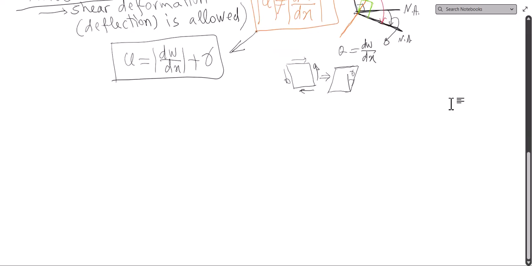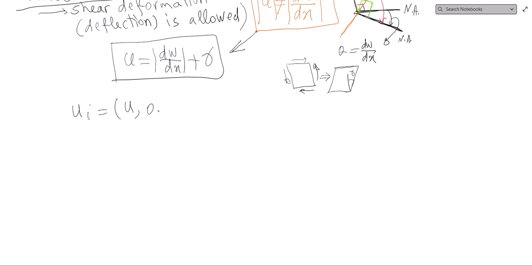Let's look at the displacement field now. So u_i is the displacement in our coordinate system, as you recall, and w in the z direction. So this is my u_x, this is my u_y component, and this is my u_z component. Again w, because we mentioned that it's still in the Timoshenko beam.